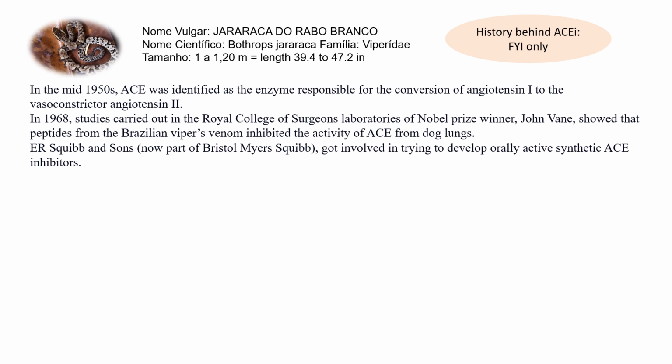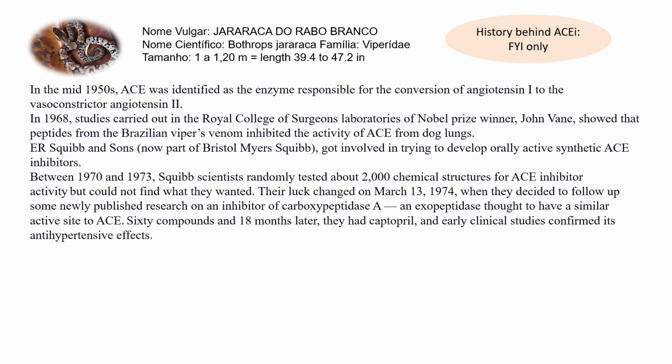E.R. Squibb and Sons, now part of Bristol Myers Squibb, got involved in trying to develop orally active synthetic ACE inhibitors. Between 1970 and 1973, Squibb scientists randomly tested about 2,000 chemical structures for ACE inhibitor activity, but could not find what they wanted.